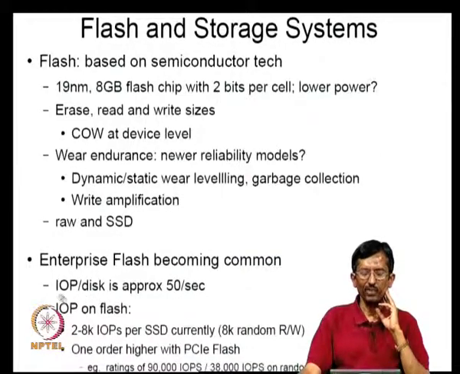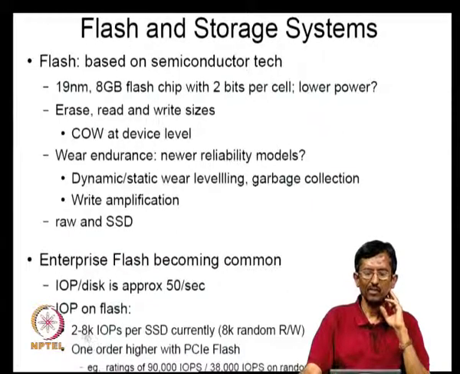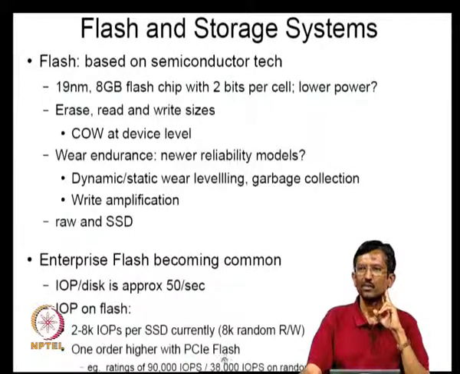As a point of comparison, the number of I/O operations you can do per disk is approximately at most 50 per second. Whereas with flash we can get about 2000 to 8000 per SSD, and this is on 8K random read and write. We also have a variety called PCIe flash, which sits directly on the PCIe bus, for example.